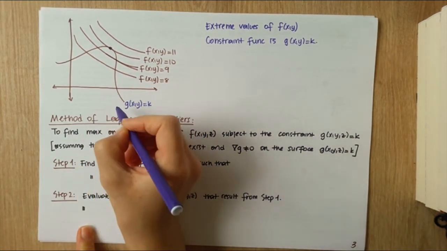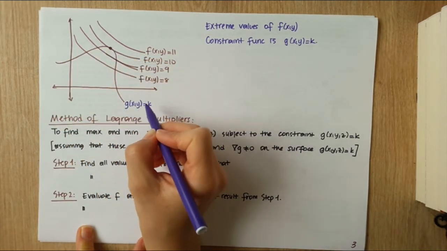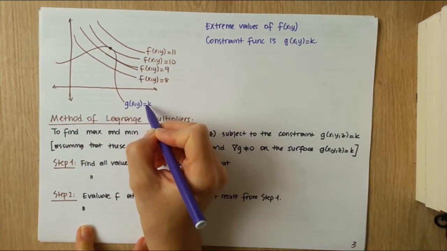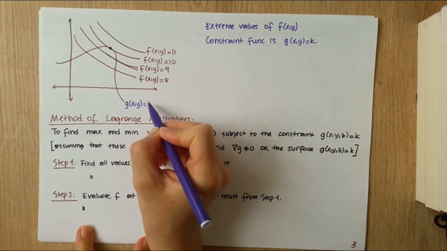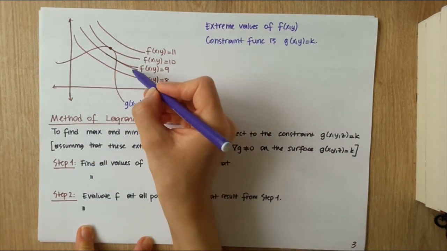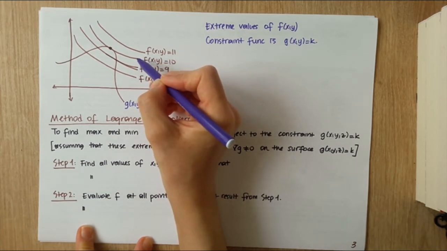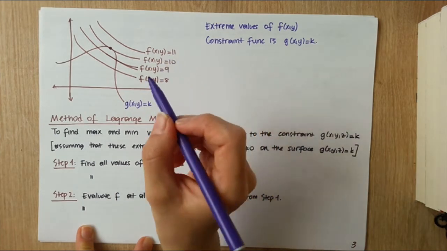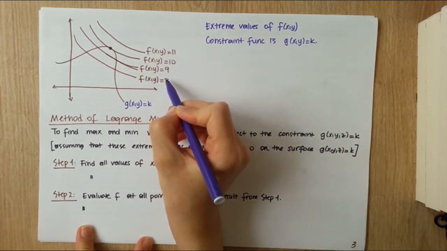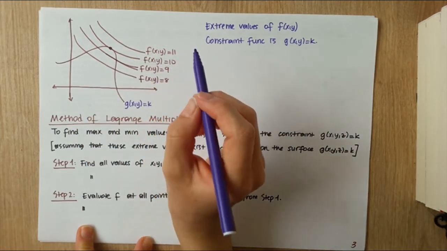This is just one of the level curves of this function, and the value of this level curve is k. This figure shows this curve together with four level curves of f, with equations f of x, y equals c, where c is 8, 9, 10, and 11. This is just an example.